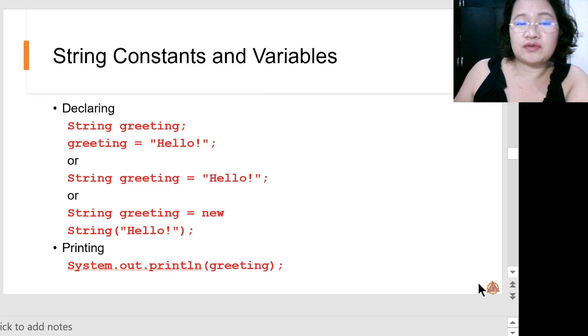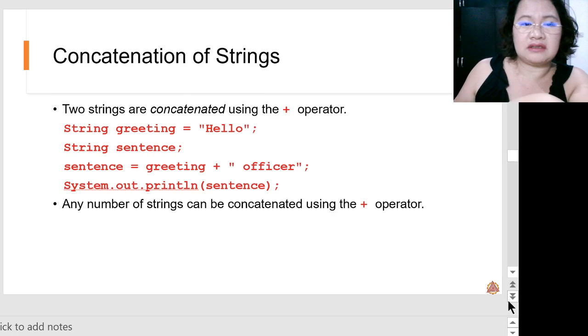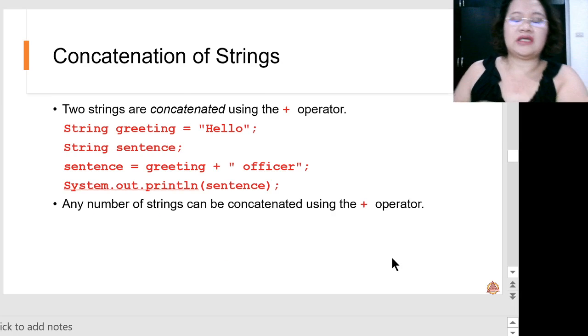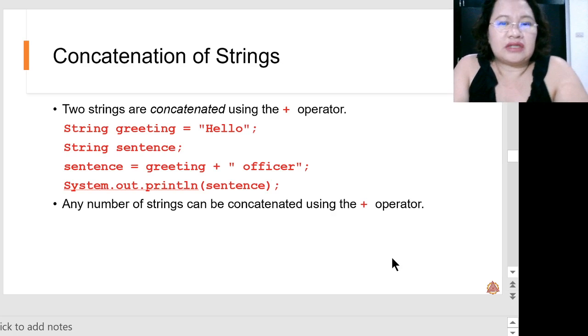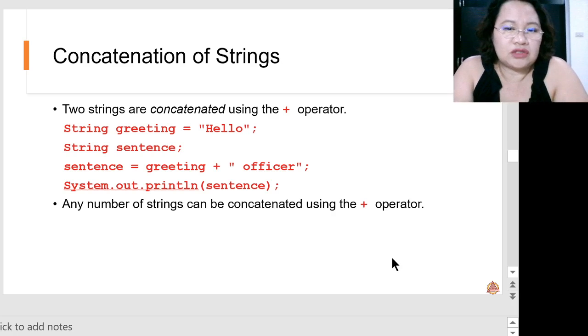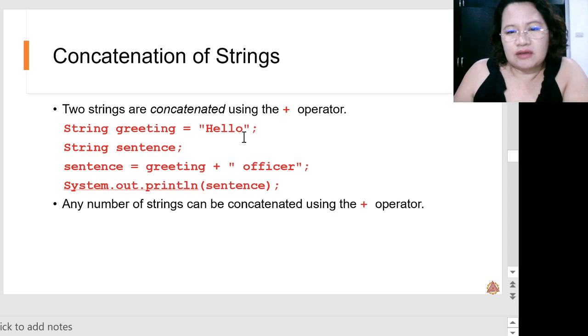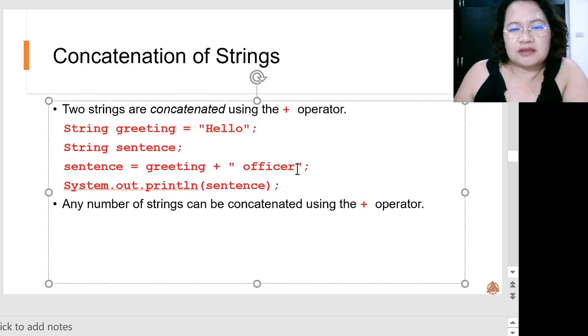But why would you use variables of type string? Well, you might do some string processing operations. Two strings are concatenated using the plus operator, meaning concatenating, we join them, no? So if you have here string greeting gets hello, and then you have here string sentence, and then we say sentence gets greeting plus officer. So you have there hello plus officer.